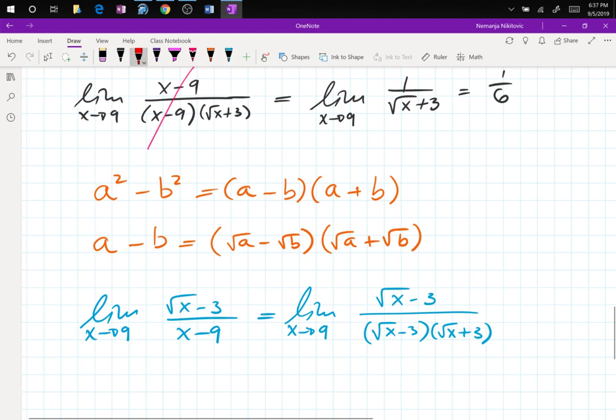And then these guys cancel. So it's a one-step solution. Cool, huh? And you get 1 over 6 immediately out of this. So again, it's all about your algebra prep and your pre-calculus prep. So you can go and do rationalizing, or you can just quickly, if you see the factoring, you can factor there and be done. Fair? Good.